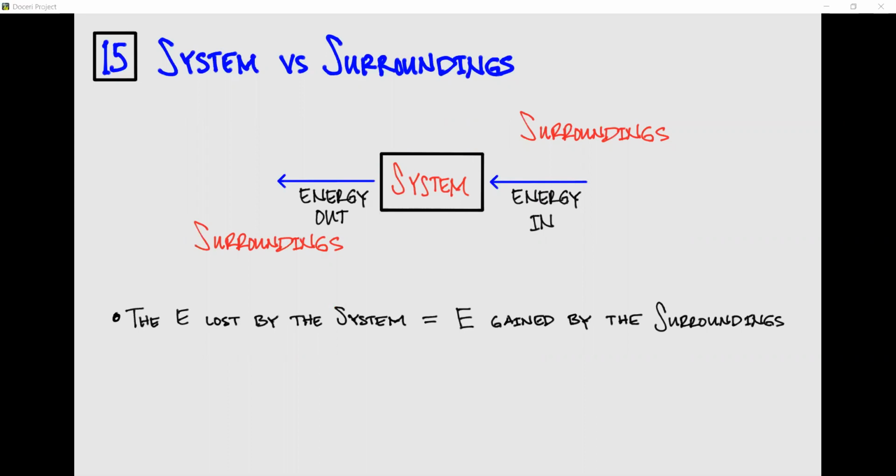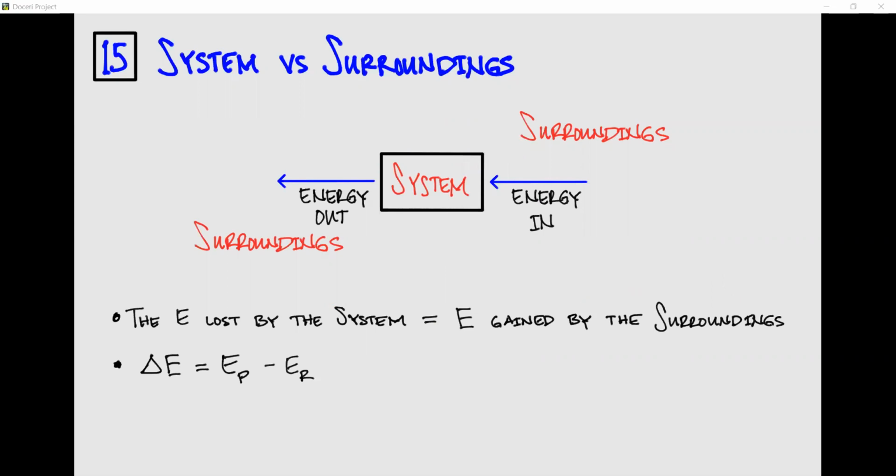All right. The energy lost by the system is always equal to the energy gained by the surroundings. Likewise, the energy gained by the system is equivalent to the energy lost by the surroundings.